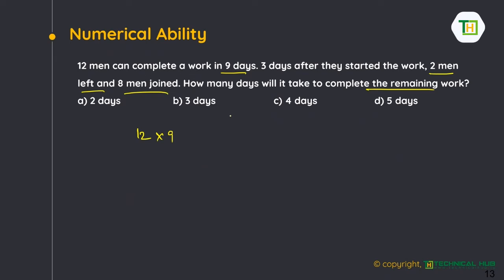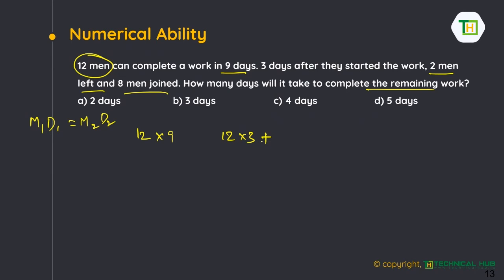But as we all know, M1 D1 is equal to M2 D2, right? That is a formula.